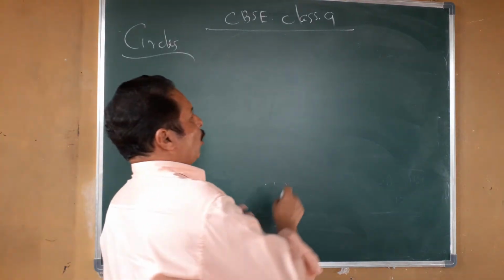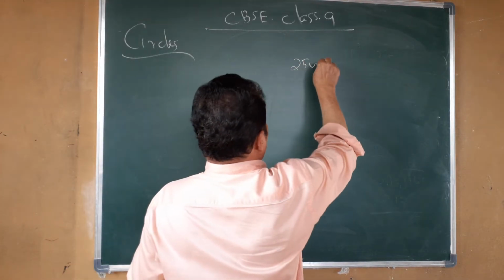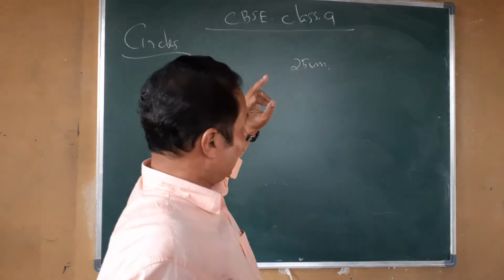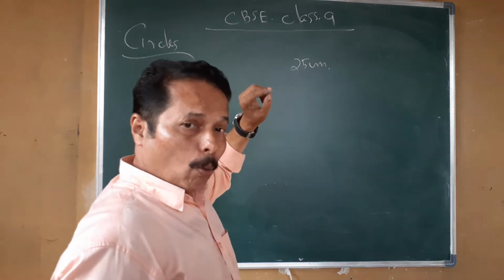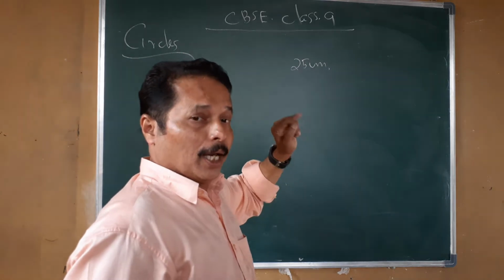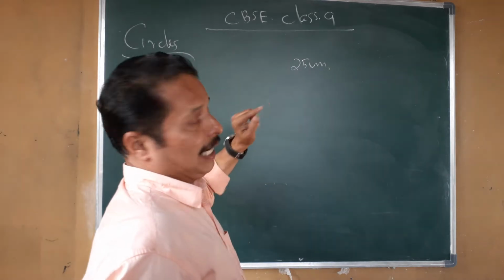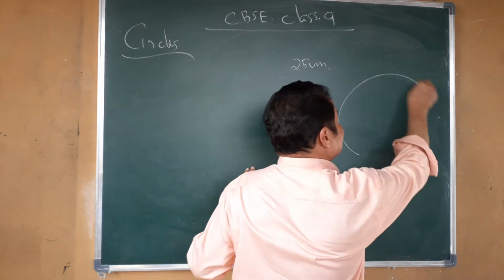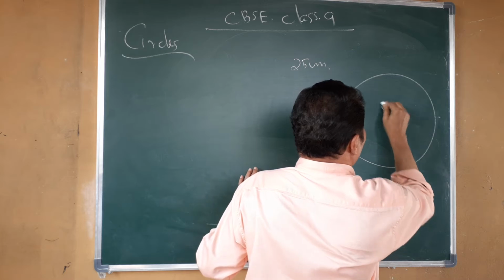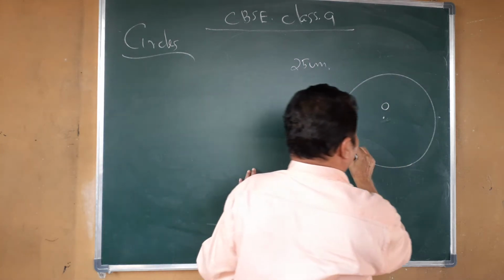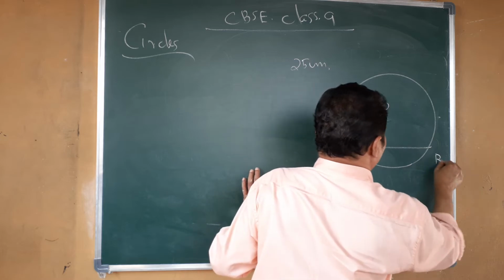Now, in a circle of radius 25 centimeter, what is the length of a chord 20 centimeter away from the center of the circle?